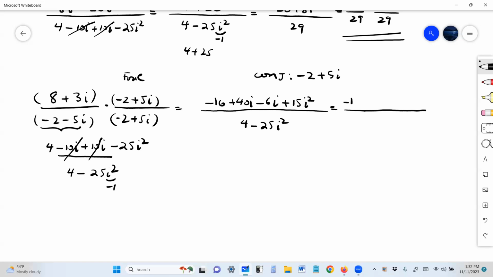So minus 16, 40i minus 6i, that is 34i. And here's my positive 15 times the negative 1, which is minus 15. Same thing here. I have 4 minus 25 times minus 1. And this is, again, my 4 plus 25.